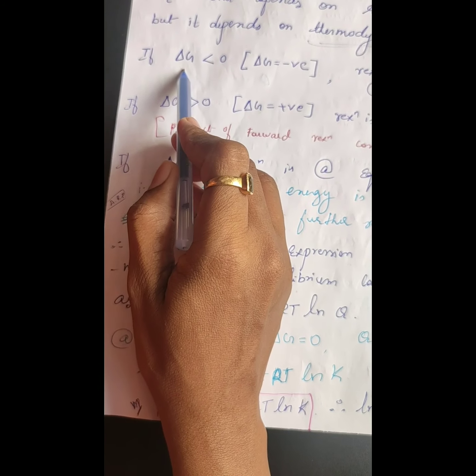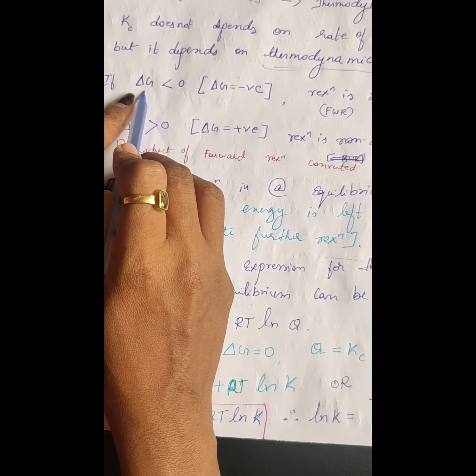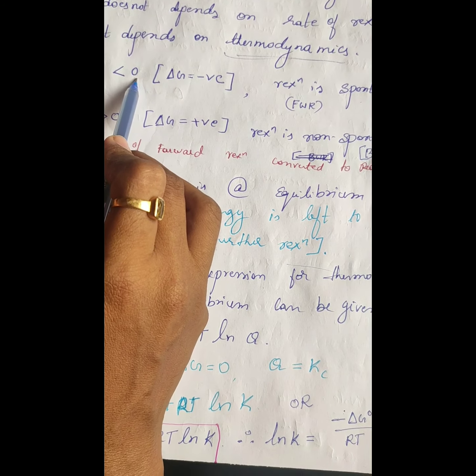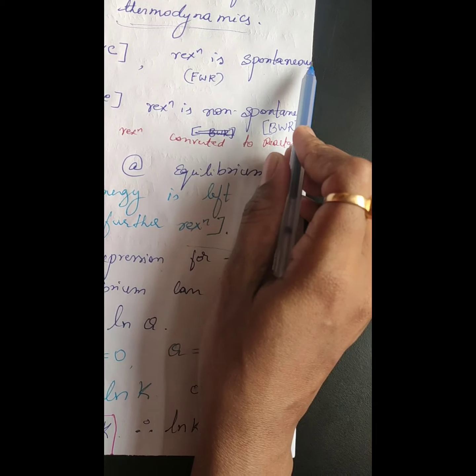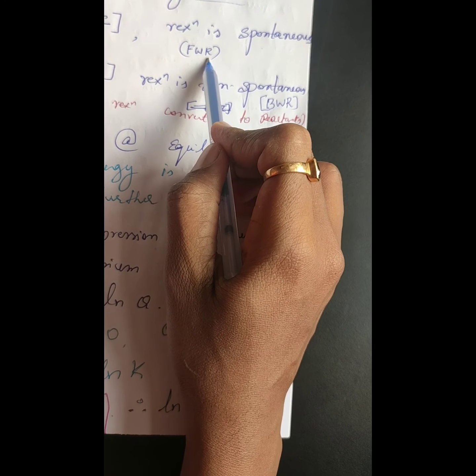So you have studied, just I'll recall. If for a reaction the delta G value is less than 0, or in other words delta G is negative, then the reaction is spontaneous, or the reaction proceeds in the forward direction.